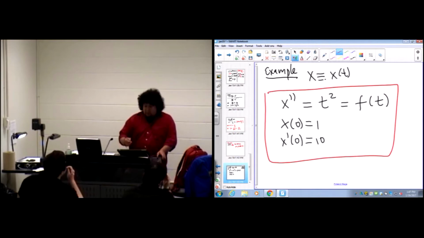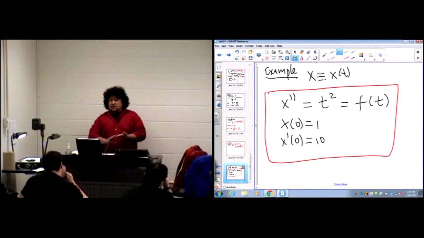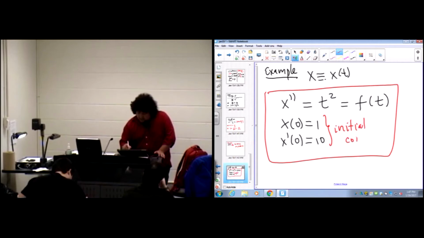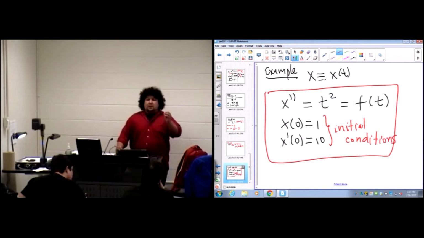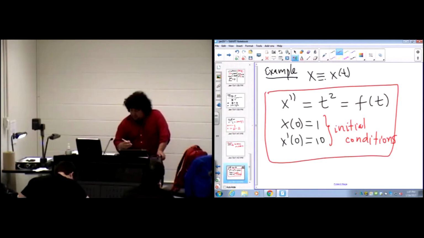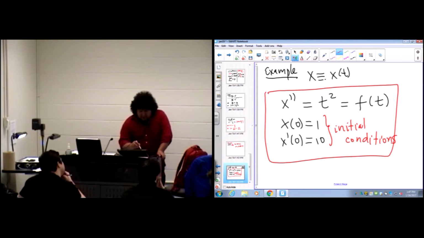This part of the problem, with the expression on the second derivative and the values, is still something we would consider initial conditions. But so far we have discussed techniques for first order differential equations involving the first derivative, right? Well, there is one way of going about this: you can convert this second order problem into a first order problem.